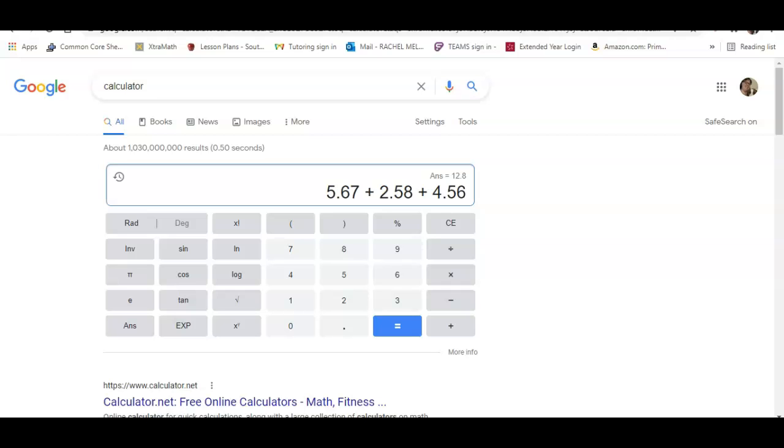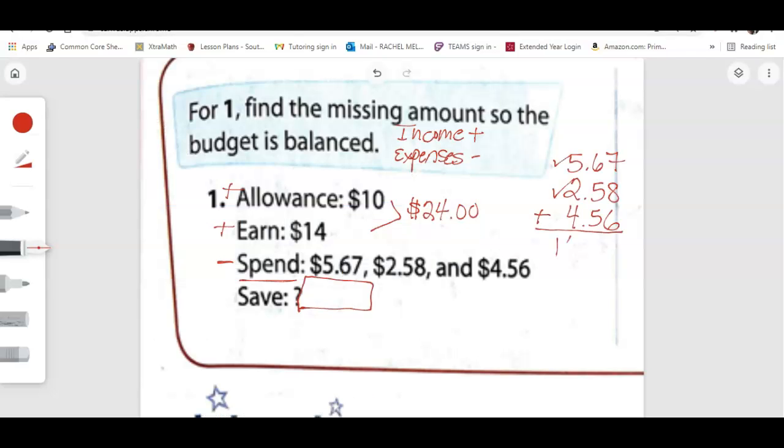Okay, and remember, you can always double check your work here. Make sure you have all the amounts that you need. Make sure you type them in correctly. Okay, and so then my answer there, my sum, is $12.81.